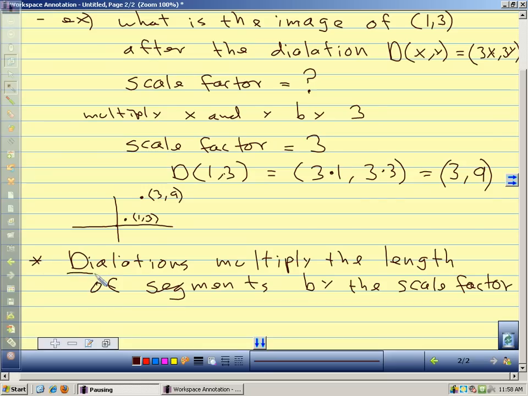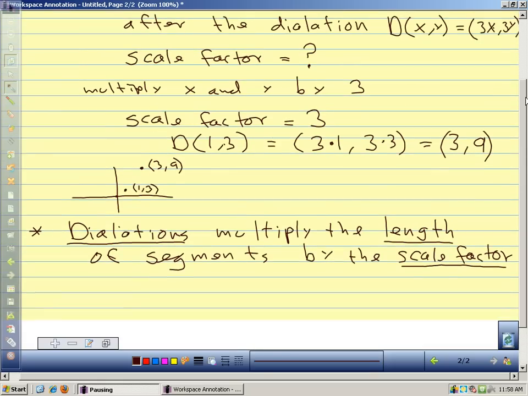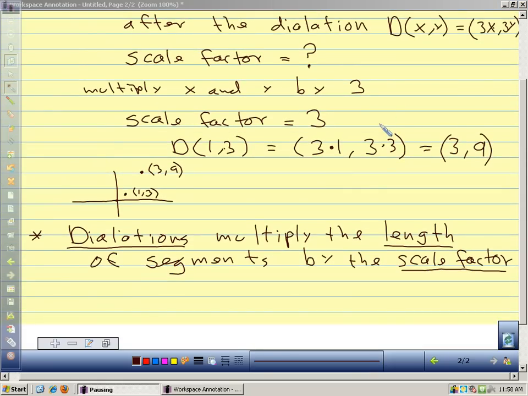So that's one important thing about dilations, is they multiply length by the scale factor. So this segment here from 3, 9 to 0, 0 is 3 times as long as the segment from 1, 3 to 0, 0. And dilations can make objects bigger or smaller. If our dilation, rather than 3, were 1/3, it would shrink the segment. The segment would be 1/3 the length.